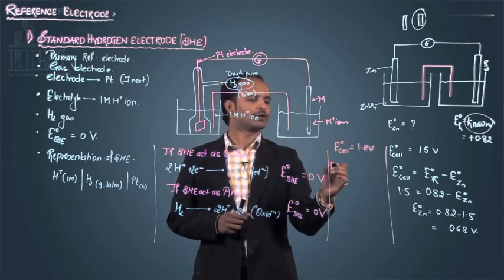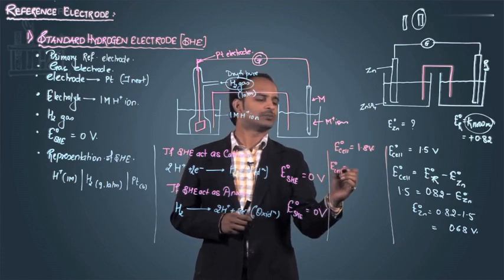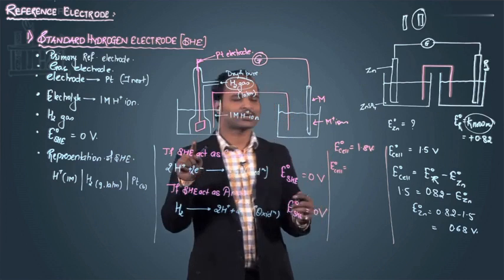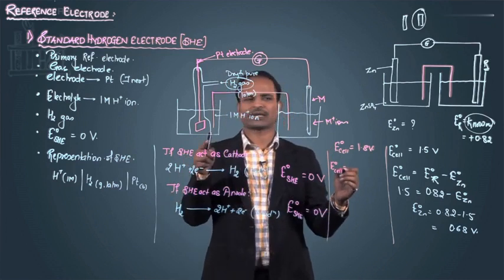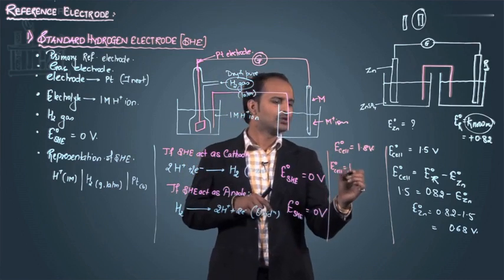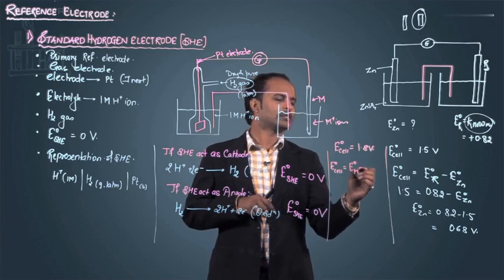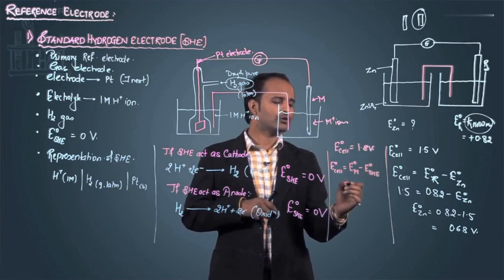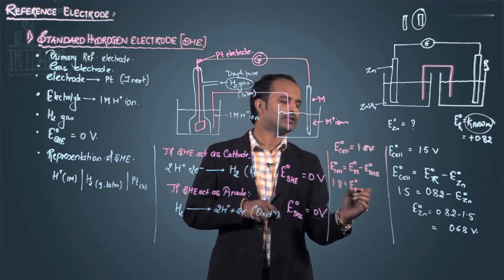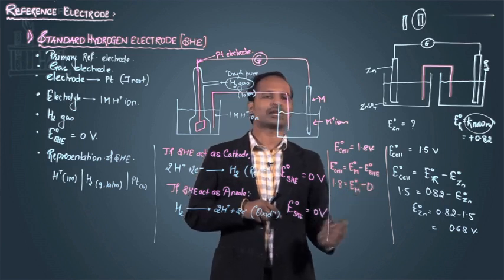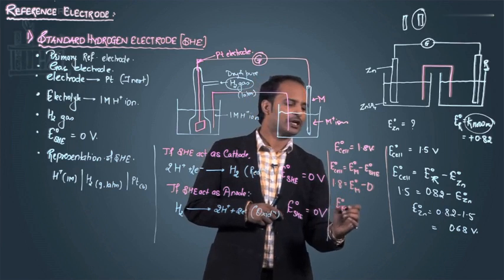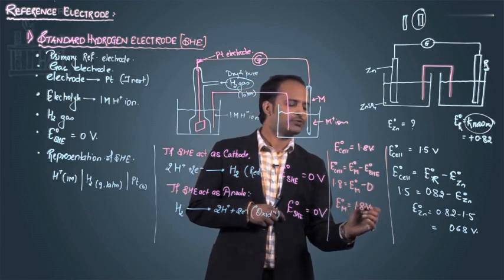So the formula will be E naught cell is equal to, let it be acting as an anode, E naught of M minus E naught of SHE. E naught of cell is 1.8 volt, the electrode potential of M we have to determine, minus E naught of SHE, standard hydrogen electrode, is always 0. So ultimately E naught of M is equal to 1.8 volt.